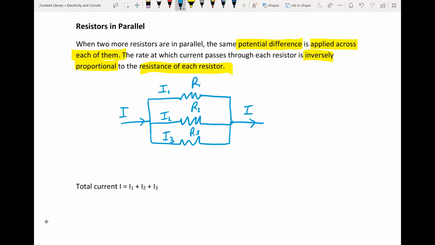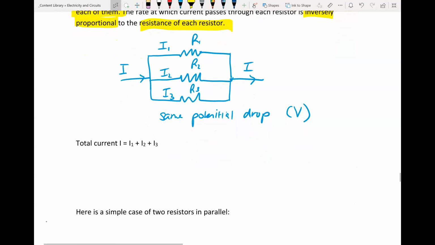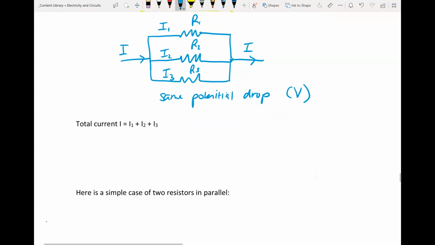But as it's going through the 3 different resistors, the current is going to split in 3 ways. But it's the same potential drop, which we call V. So the total current I is equal to I1 plus I2 plus I3 coming from the 3 different resistors.